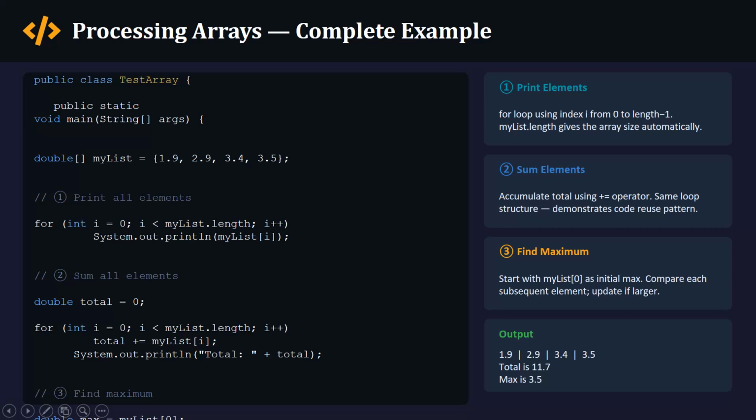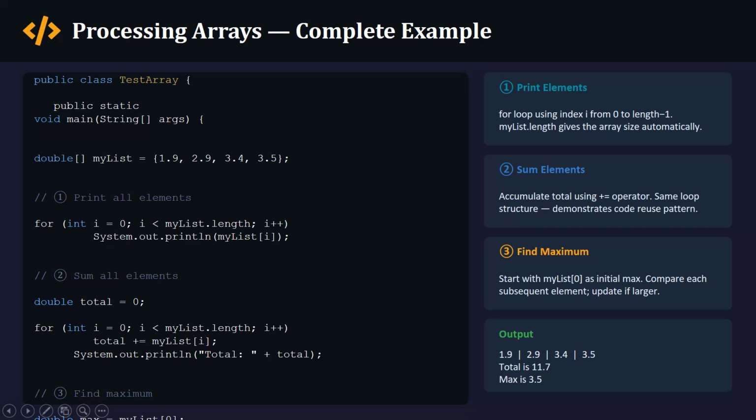And then you want to print it out. So we use a for loop to print out all our elements. We say for int i equals 0, that is the initial value, and then how many elements are we going to look at? 1, 2, 3, 4.